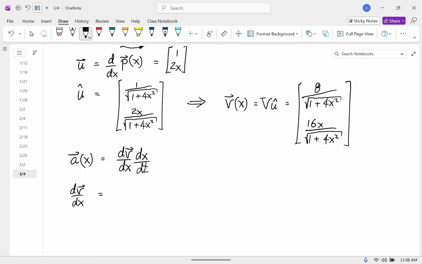We have negative 1/2 times 8 times 1 plus 4x squared to the negative 3/2 times 8x.